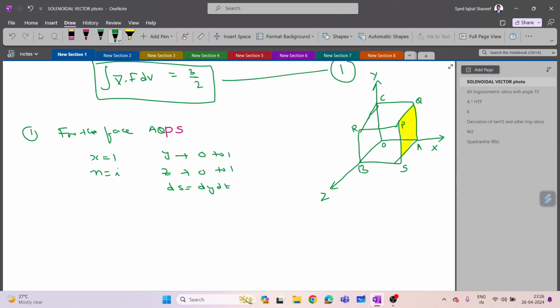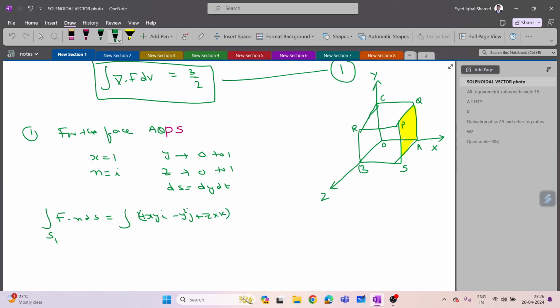So integral taken over the surface S1, F dot n dS. What is our F? Our F is 4xy i minus y square j plus zx k.